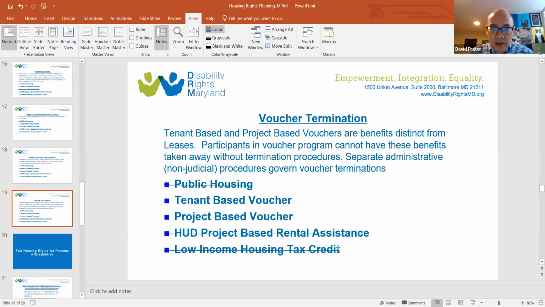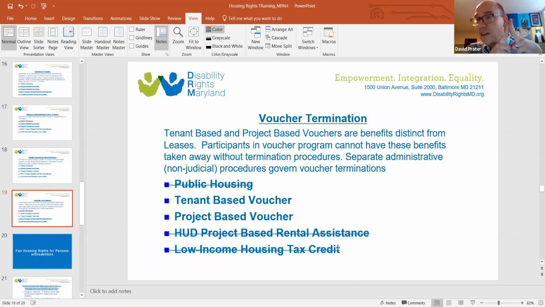So I discussed project-based vouchers and how that can be confusing. If a tenant of a project-based voucher unit breaches a term of the lease, they may get a notice of termination from the landlord. They may get a notice of termination from the public housing authority.